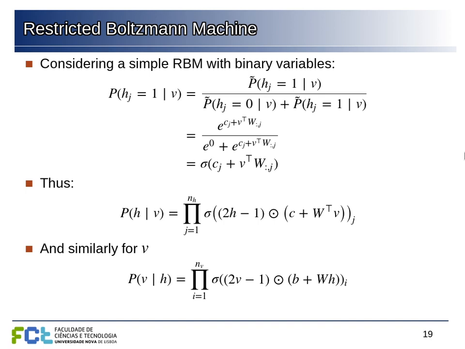These are the two possibilities, and when we divide the unnormalized probability by the sum of these two, we are normalizing it and we get the probability.